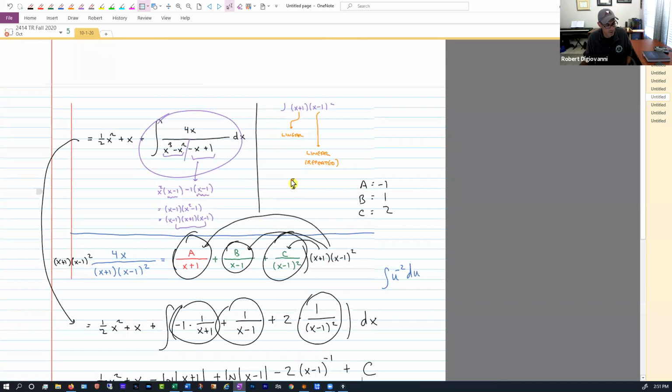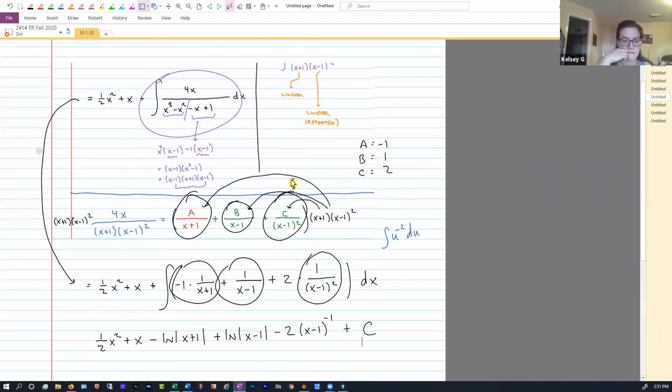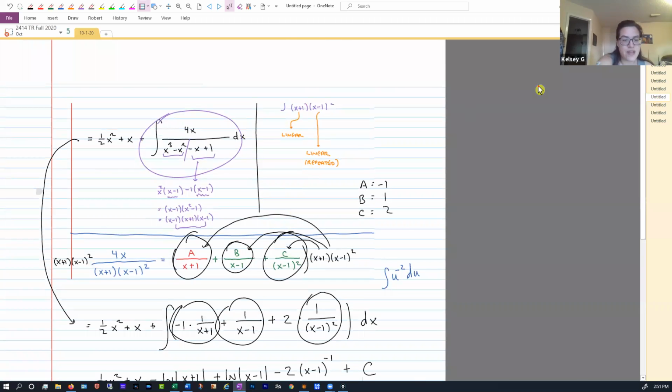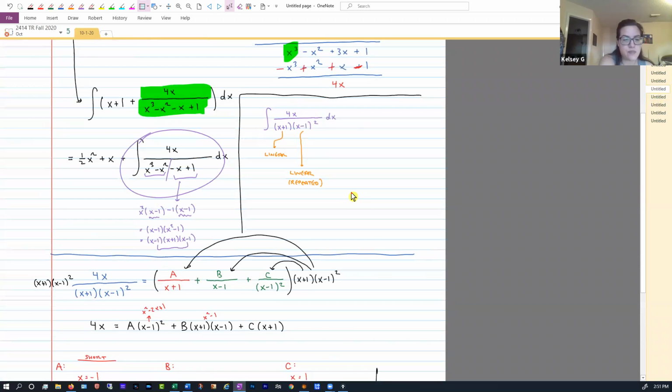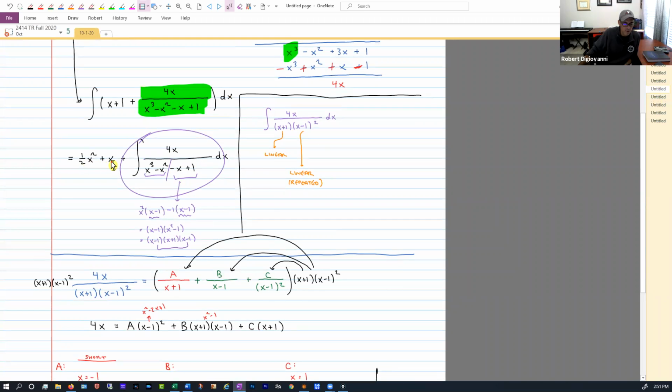This one? After we did the long division, we got the second integral on the right. Where is the half x squared plus x? On the left. Where did that come from?